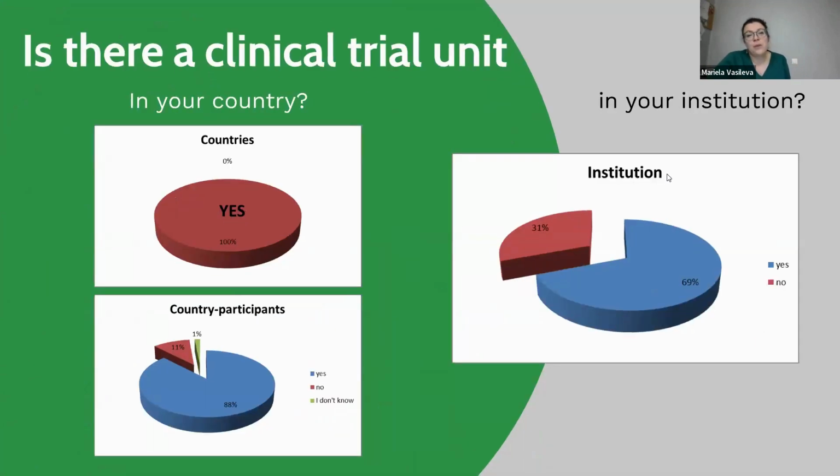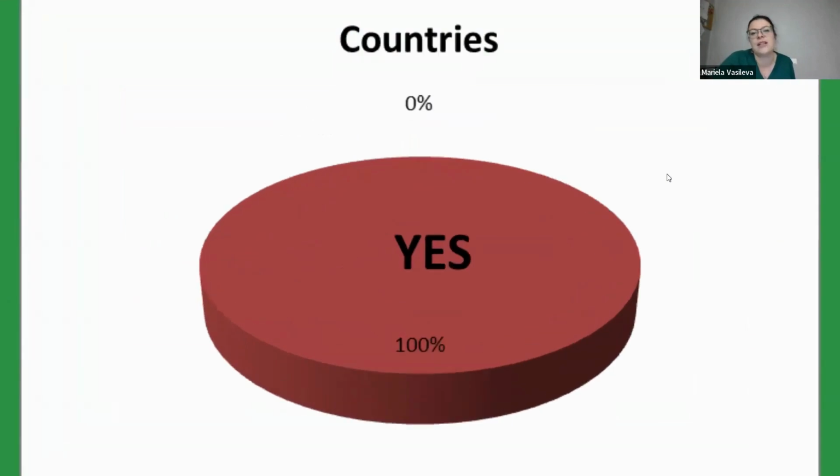One of the questions that we asked is: is there a clinical trial unit in your country or in your institution? What was interesting for me is that if we look at the responses by country, if at least one person in a country knows that there is a clinical trial unit, then in 100% of European countries taking part in this survey, there is a clinical trial unit.